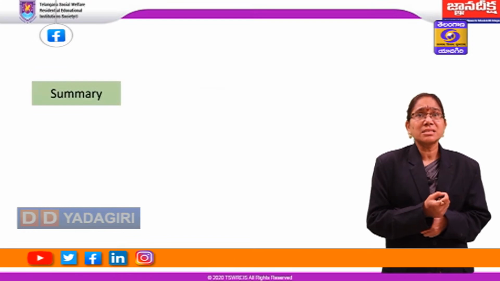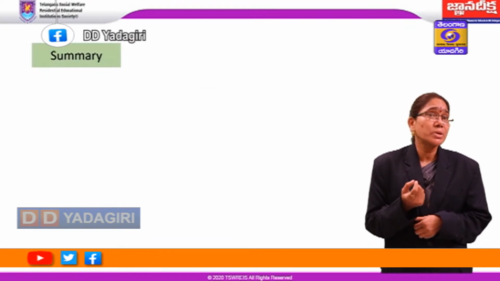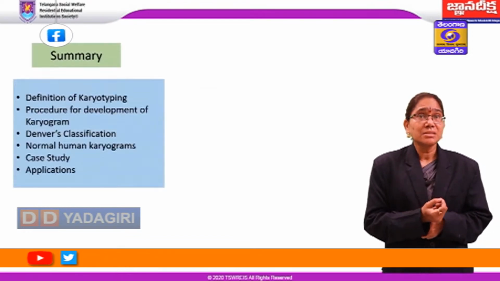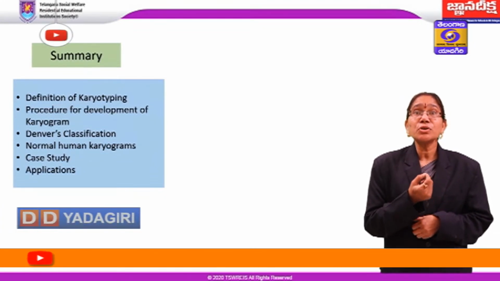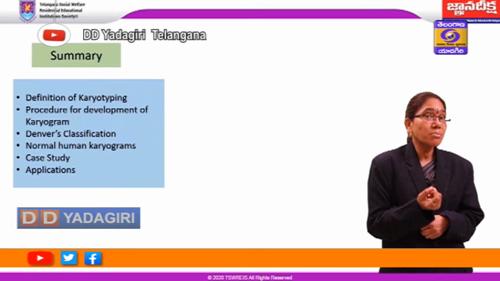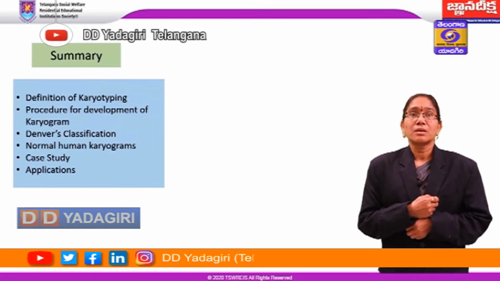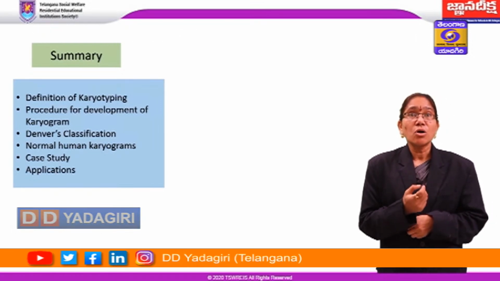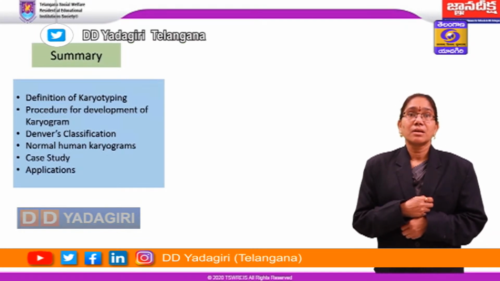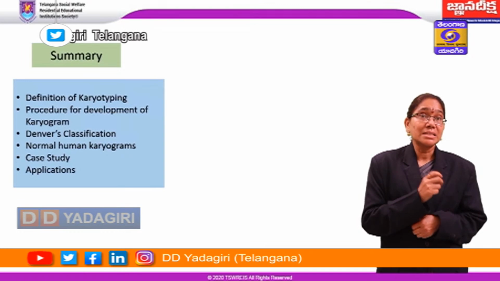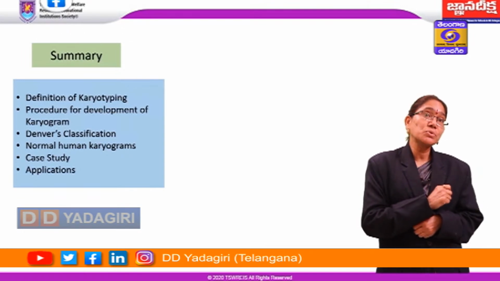Let us summarize once again what we learned today. We learned what a karyotype was and why we use it to know the abnormalities of chromosomes. We also focused on the procedure for development of karyograms. We discussed the Denver classification of chromosomes.